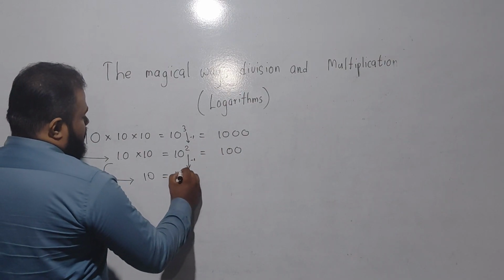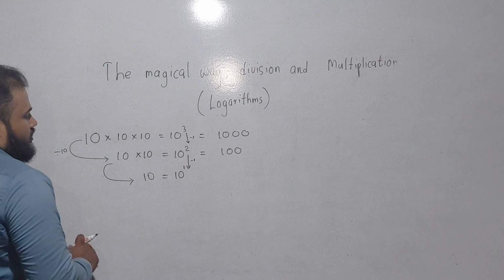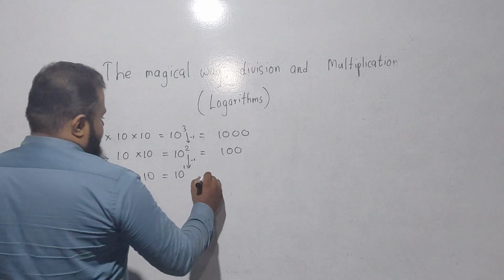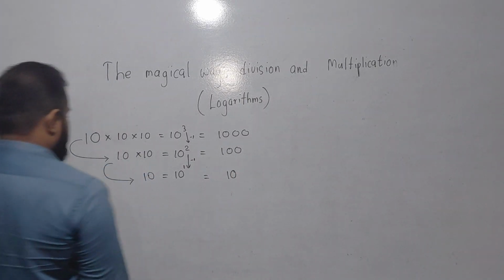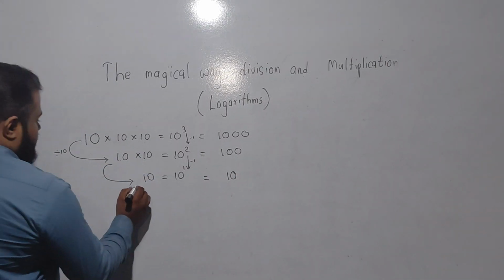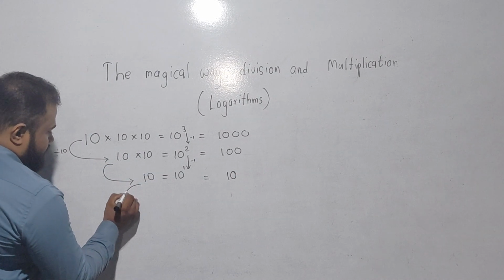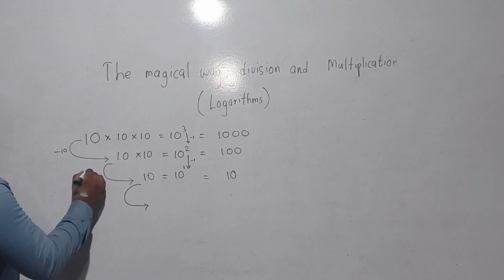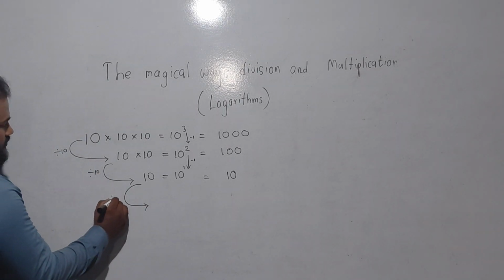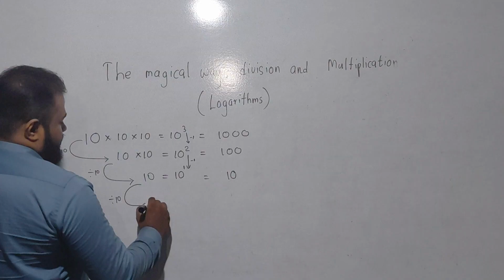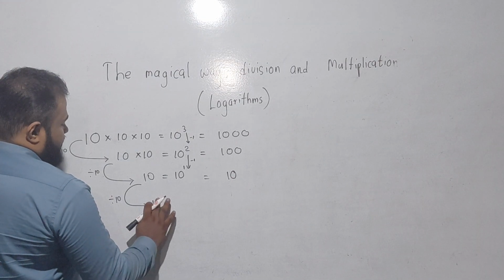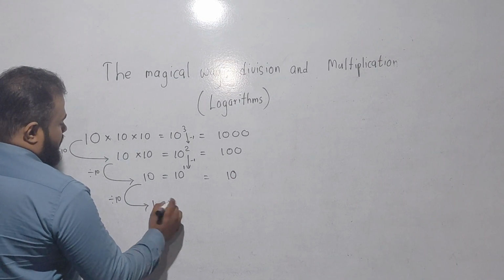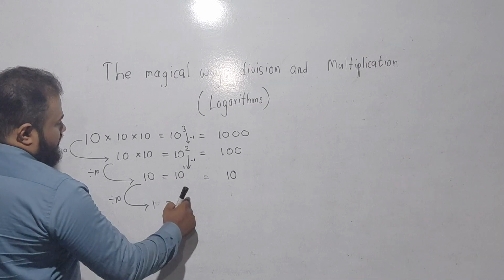So it gives you 10 to the power 1. You know the value of 10 to the power 1. It's 10. Like that, I am going from here to here. What are we doing? We are dividing by 10. 10 divided by 10 gives you 1. What are we doing here? We are subtracting 1.